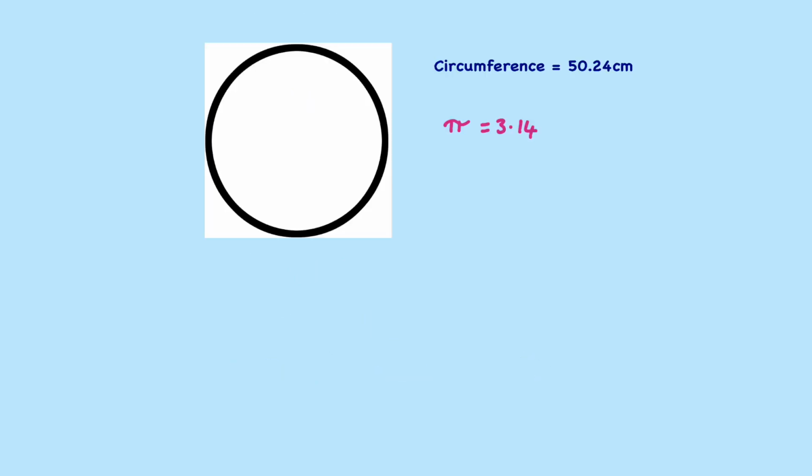Now in some questions you may be given the circumference and you have to work backwards to find the diameter. So in this example we're going to use pi to 3.14. We've been given the circumference, so we will work backwards to find what the diameter is. So first of all, we need our formula, C equals pi times d, and we'll substitute in the circumference, which is given to us, 50.24, into the formula, and they want us to use pi to 3.14, and this is the unknown, the diameter which we're trying to find.